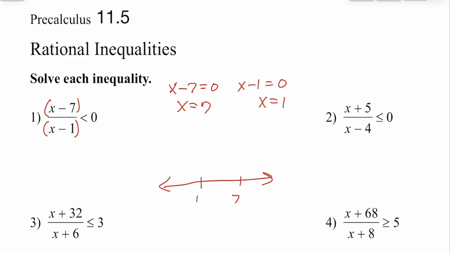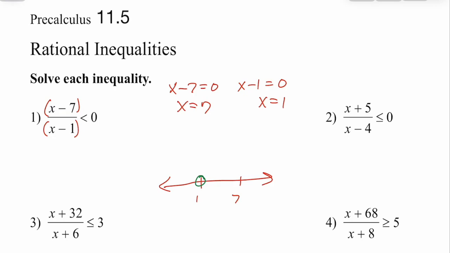If our factor comes from the bottom, if it is the denominator factor, any denominator factors, no matter what, always get an open circle. Now, the reason that's the case is a denominator is never allowed to equal 0, and that is a 0 from our denominator, so all denominator zeros have an open circle.